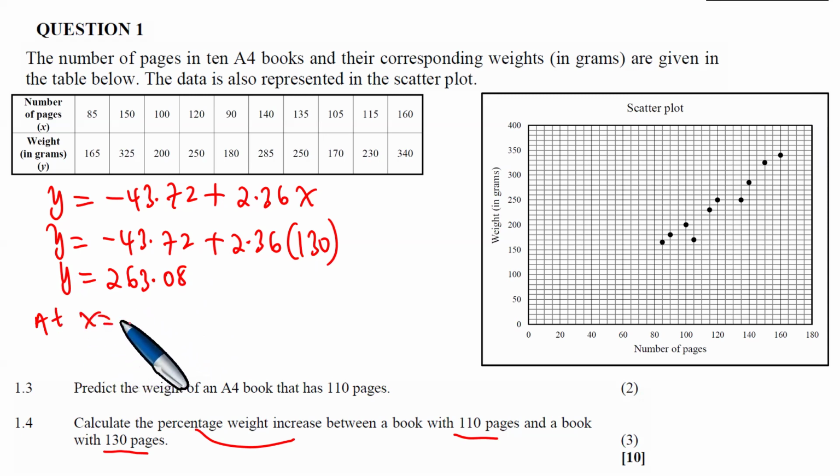At x equal to 110, we got that y was 215.88. But what we're able to see is that there's an increase here, because at 130 pages the weight is more. It is 263.08.